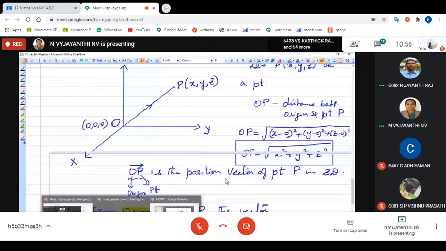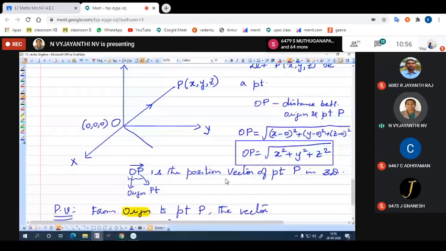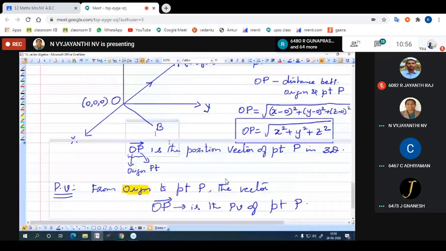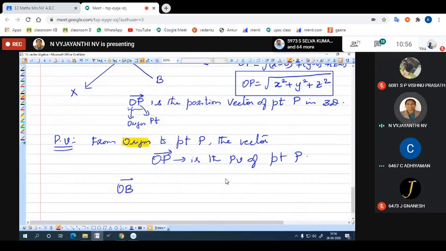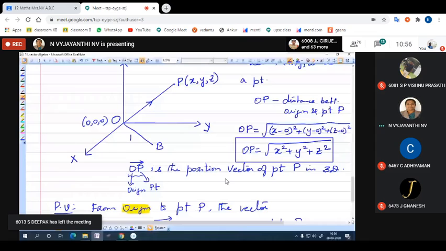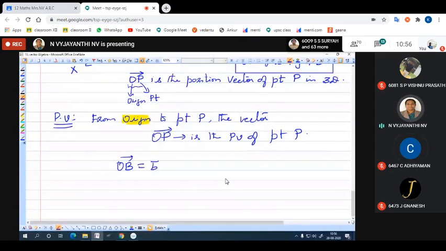Okay, now if I take one more point here, B. What is the position vector of point B? OB. O to B. OB vector, isn't it? So the OB vector is the position vector of point B from origin. If we write this as B vector, we can write OB vector is equal to small b vector.